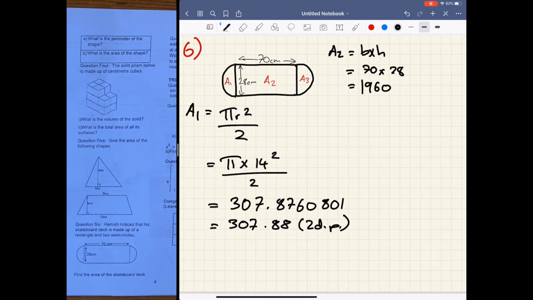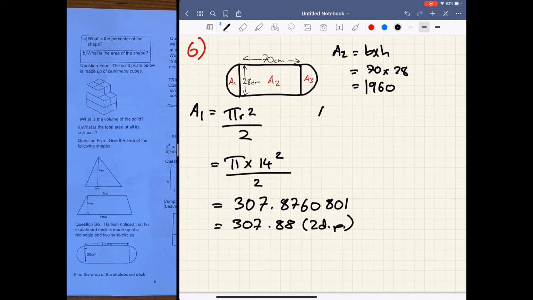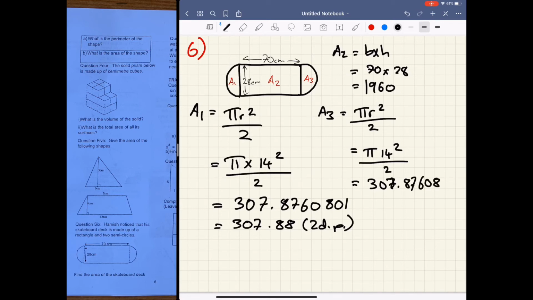Yep, and then area 3, again pi r squared divided by 2, which will be the same as this answer here. So pi times 14 squared divided by 2 equals 307.87600801.